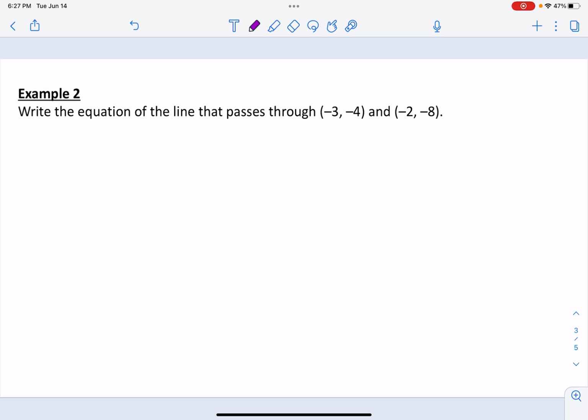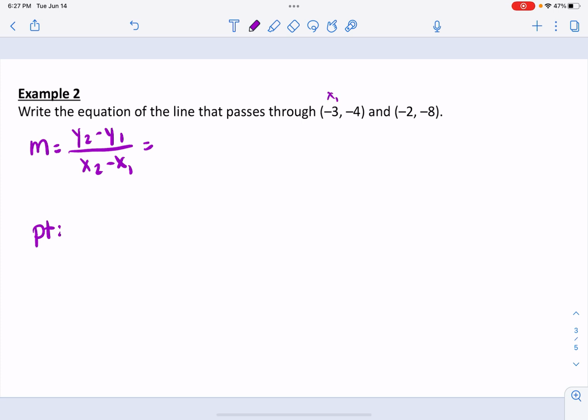Write the equation of the line that passes through those 2 points, (-3, -4) and (-2, -8). Okay, so remember what I told you at the beginning. We need slope and we need a point. So our slope, remember, is y2 minus y1 over x2 minus x1. It doesn't matter which y or x we start with.